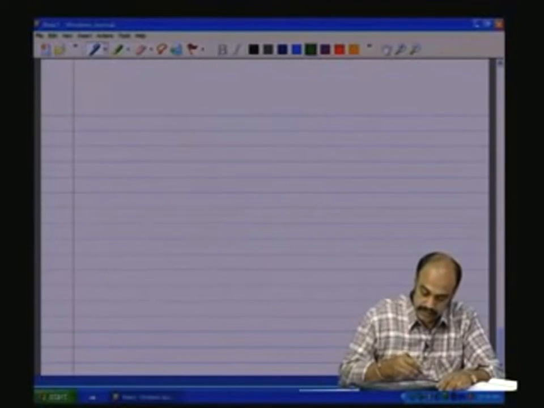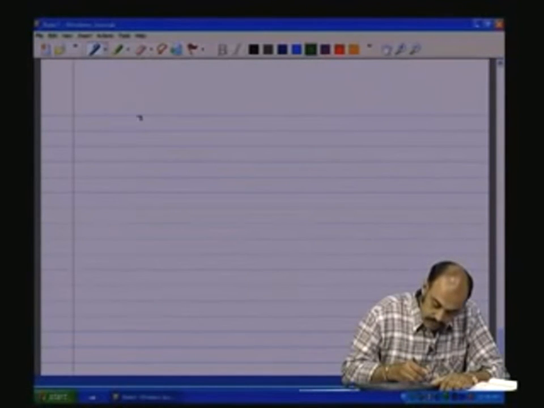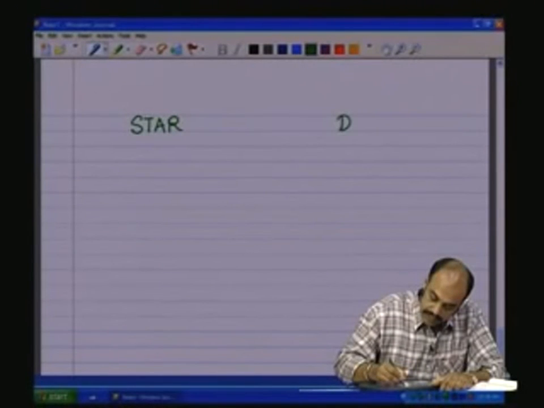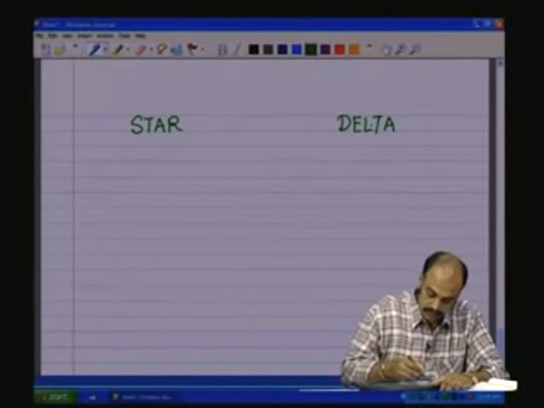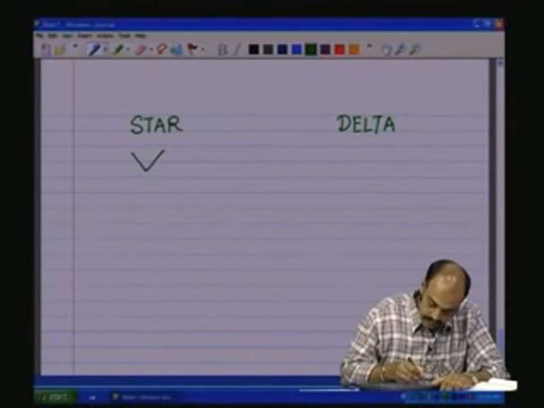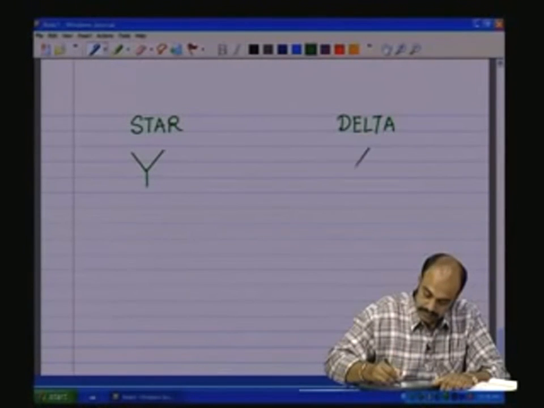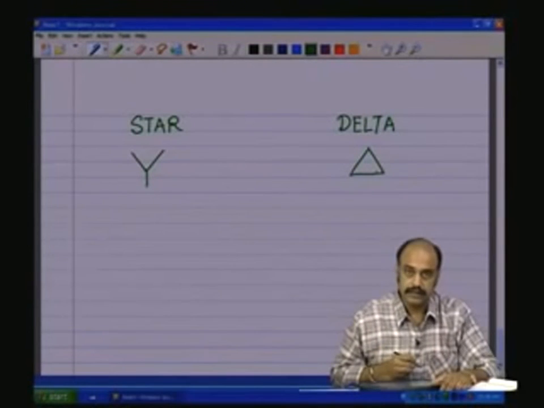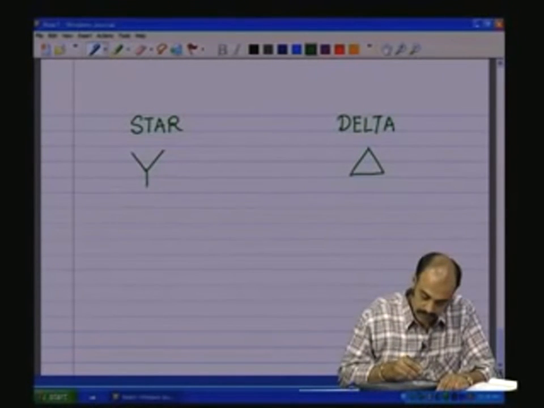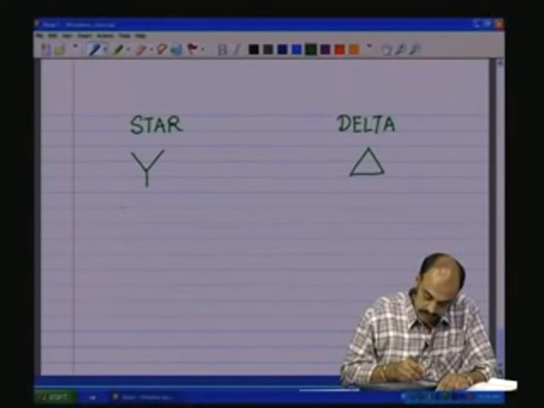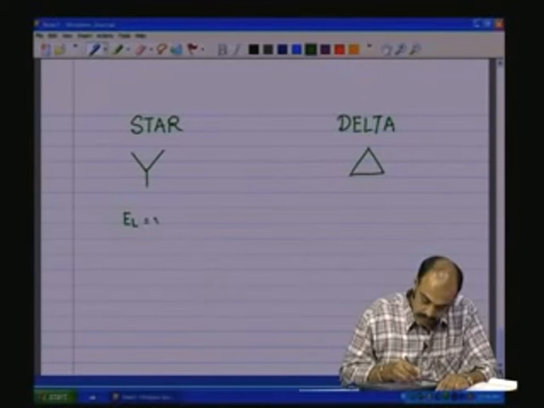So, if we summarize these star and delta circuits, so you have the star and you have the delta circuit. We can put it like that, and this like this, let us say. The star circuit, E line equals root 3 E phase.